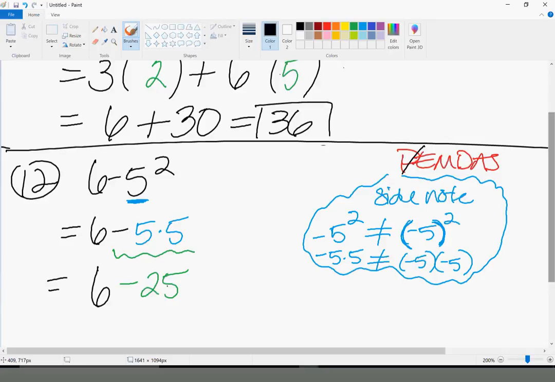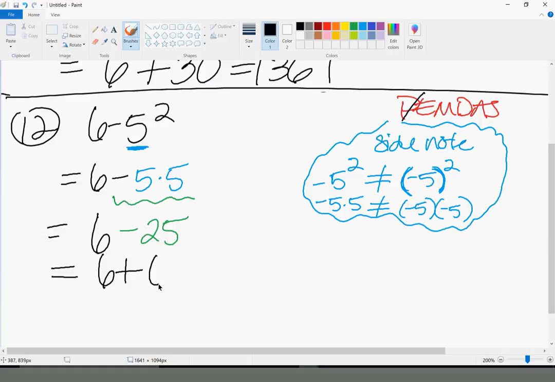So now we are subtracting numbers. Let's change that to adding the opposite. That'll be 6 plus the opposite of 25, which is negative 25. So now we have different signs, so we're going to take the sign of the larger number.